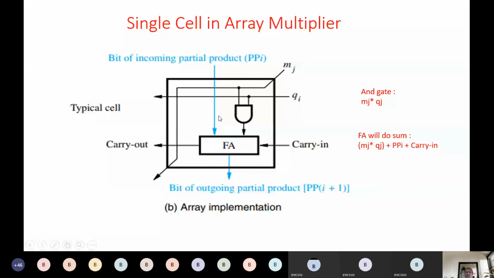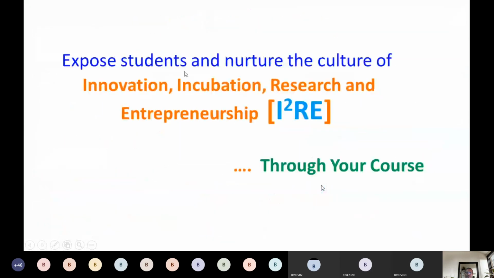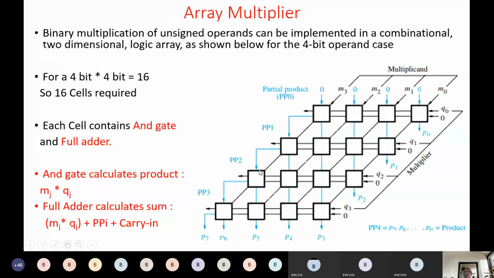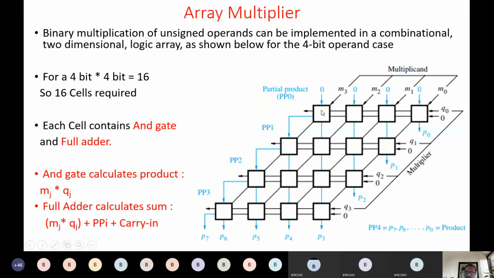This is one single cell. These multiple single cells are cascaded in this way and we get the entire array multiplier.